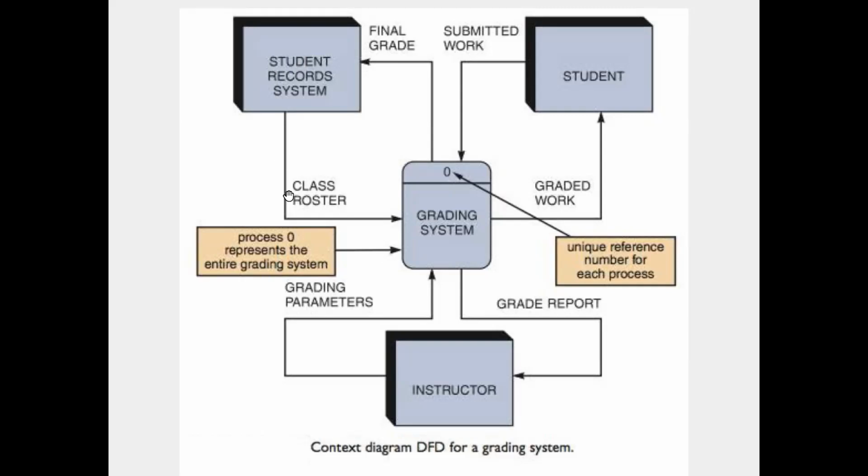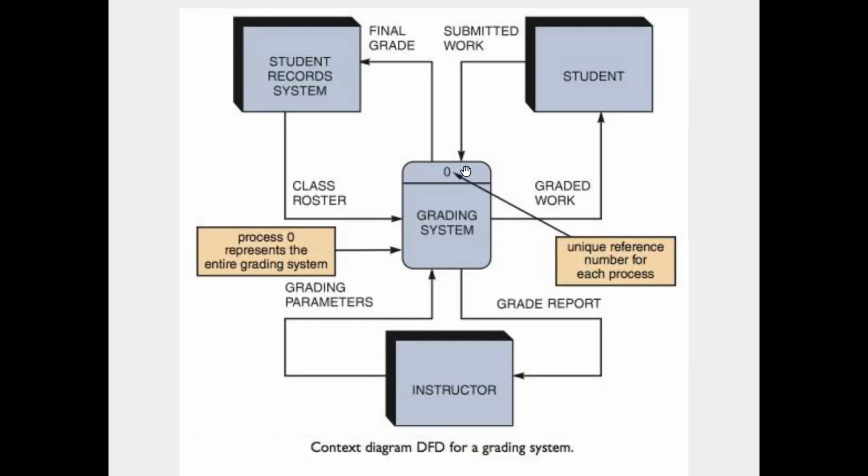And from the system, you will get the class roster. And then you will get the grade report. And then you will also put up graded work. And the student will submit the work. Right.